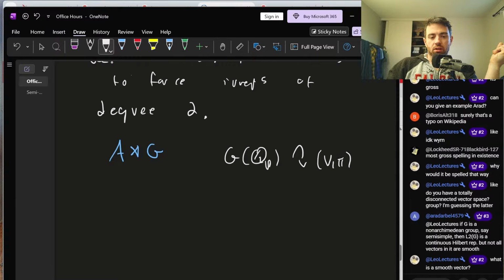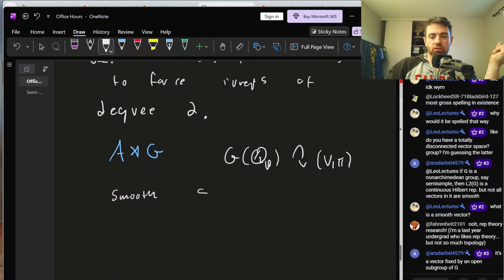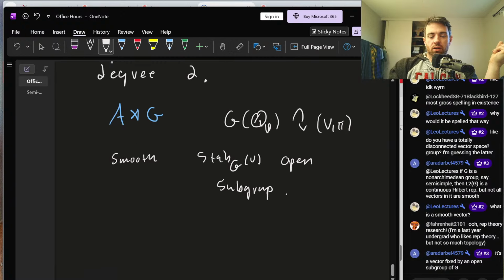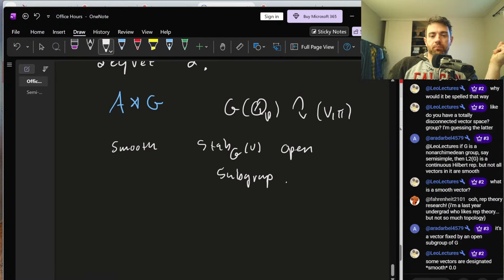It is said to be smooth if the stabilizer of every vector is an open subgroup, for all vectors. That's all it means.